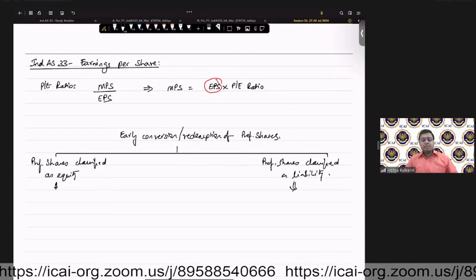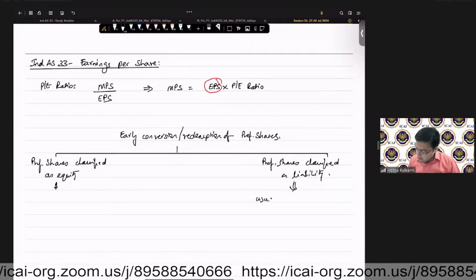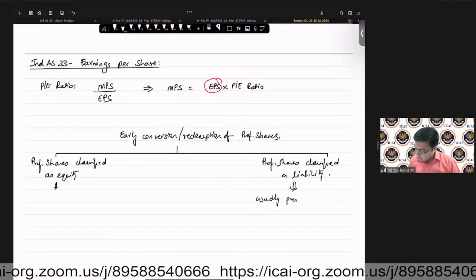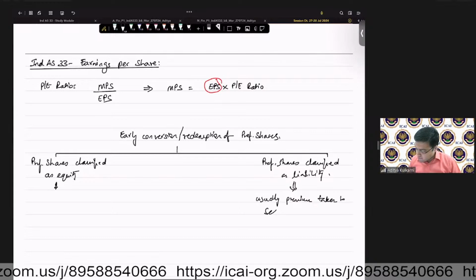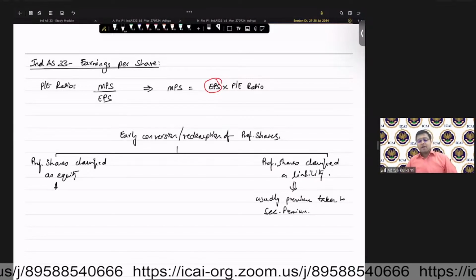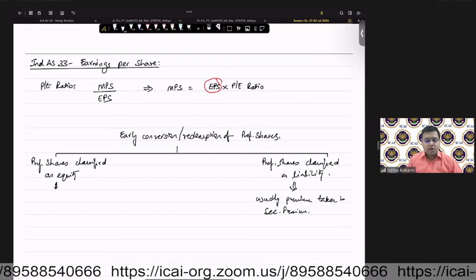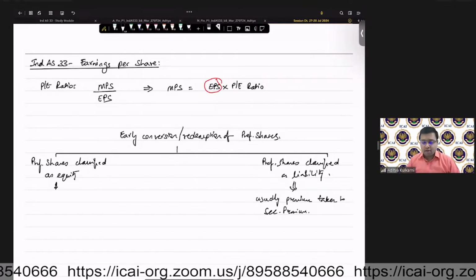So this premium, usually you take it to securities premium account. Regardless of whether you convert or whether you redeem, the premium goes to the securities premium.